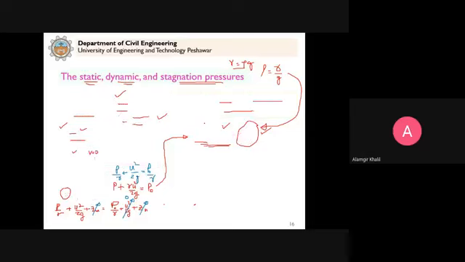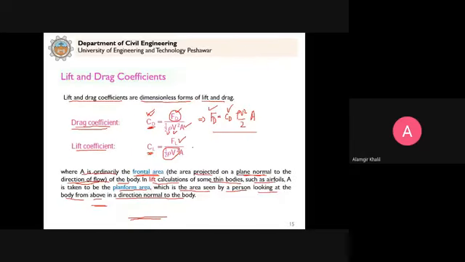So this is how it is written here in these equations: CD is equal to FD divided by half rho V square into A, and CL is equal to FL divided by half rho V square into A. So now these are convenient forms that we can use to calculate the drag and lift coefficients, and conversely, if we know these coefficients, we can conveniently use these equations to calculate the drag and lift forces.